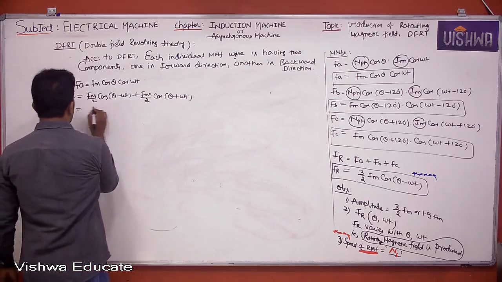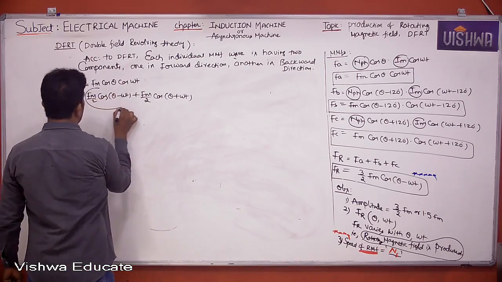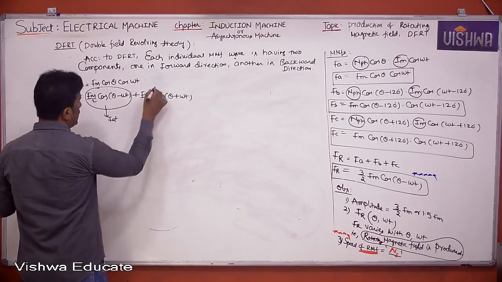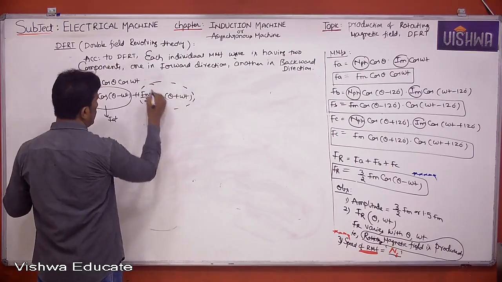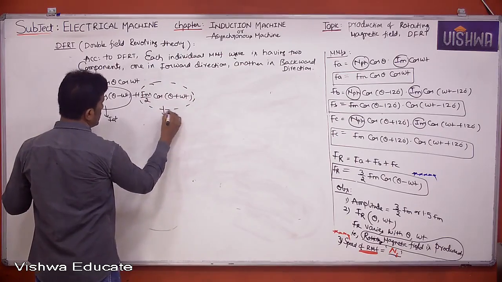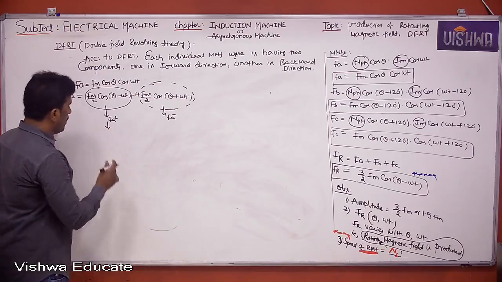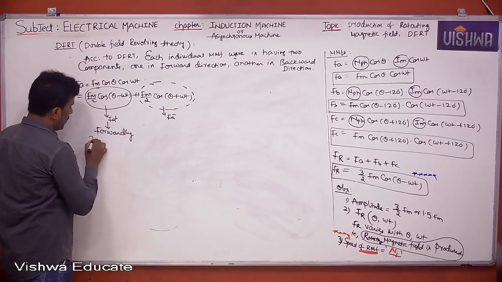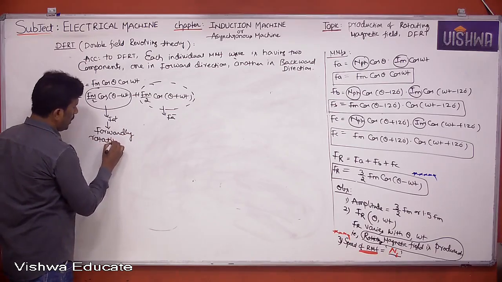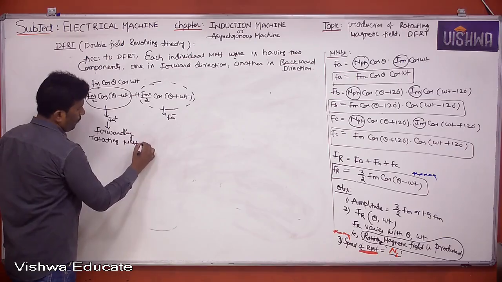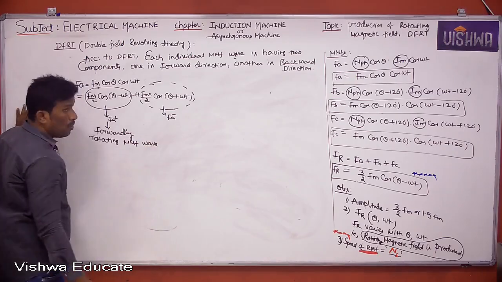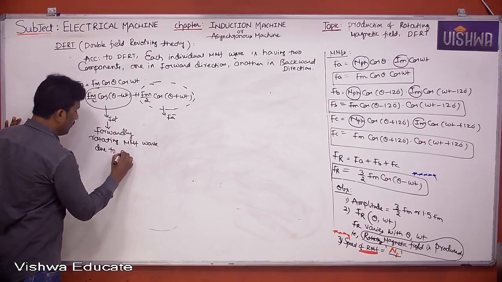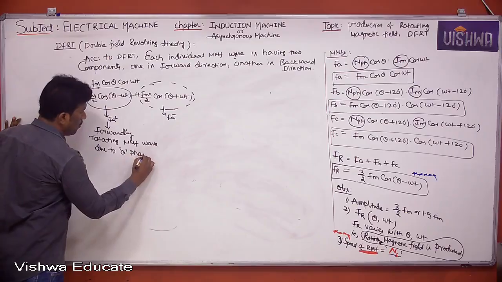Here the portion Fm by 2 cos of (theta minus omega t) can be called FA plus, and the other portion can be called FA minus. FA plus is a forwardly rotating MMF wave due to A phase, with what speed?